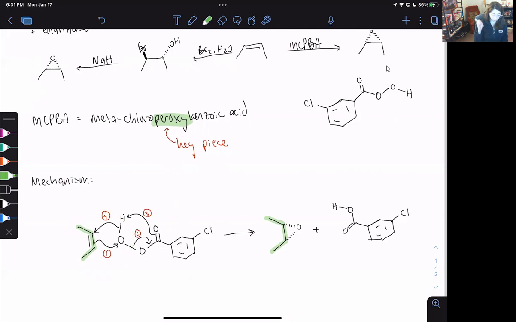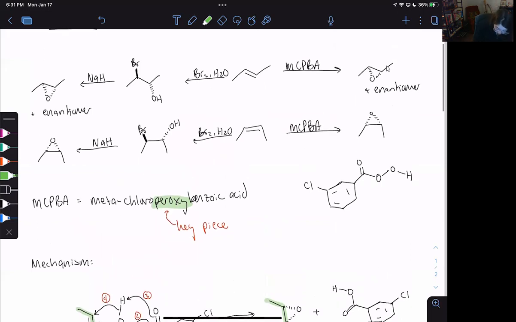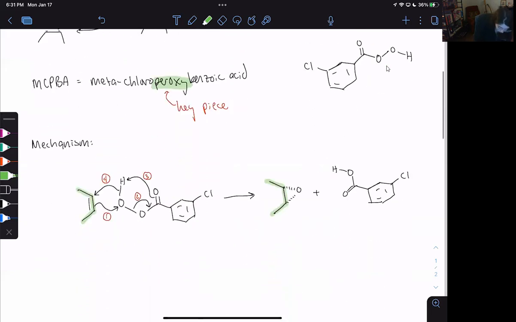So our alkene is going to decide what kind of geometry our epoxide has. If you've got a trans, you're going to see them turn out like that. If you've got a cis, you'll see it turn out like that. So make sure you don't do any bond rotations while you're making the epoxide, and then it'll all be fine.